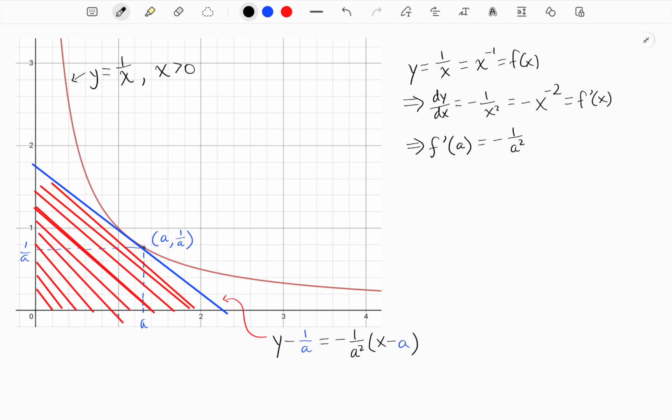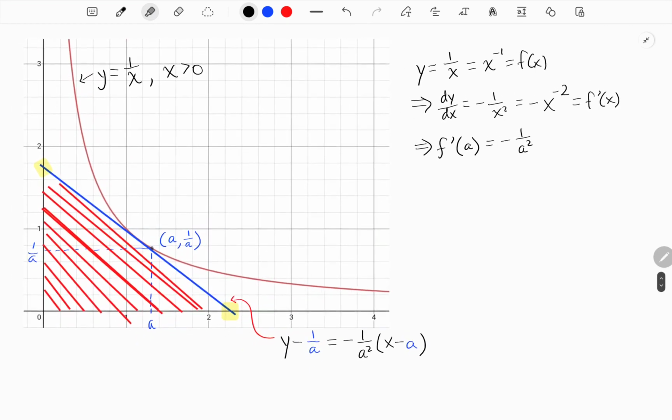So that is cool. In order for me to calculate the area of this triangle, I should be able to know what the height and width of this triangle is in this first quadrant. So what I'll need is the y and x intercepts. Okay, so let's find the y-intercept.